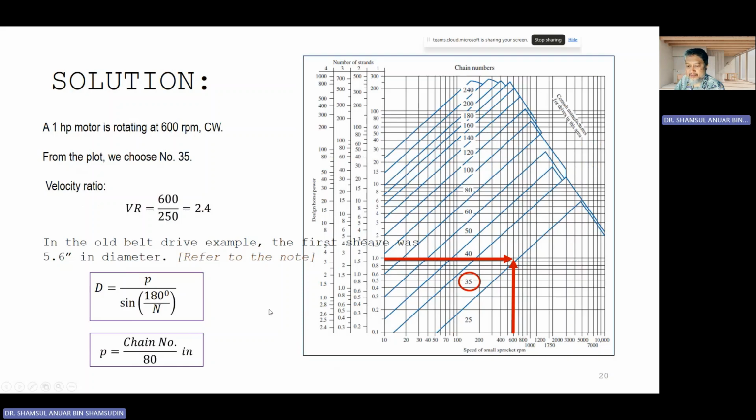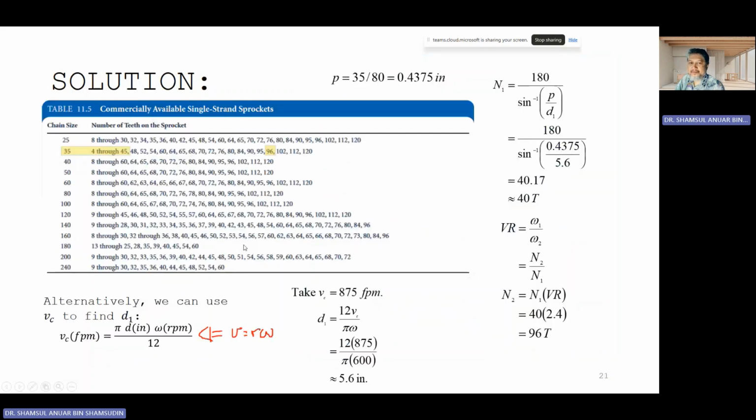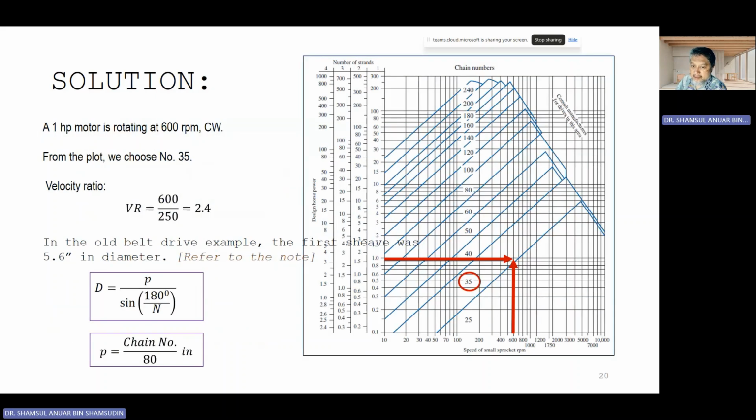Yeah, a lot of stuff can be found. Since the chain number is 35, you can find from here. You can try from 4 to 45, and then another one is 96. So our velocity ratio is 2.4.